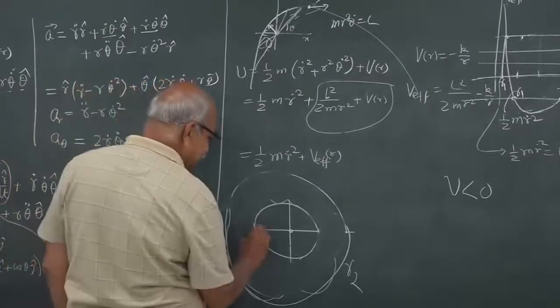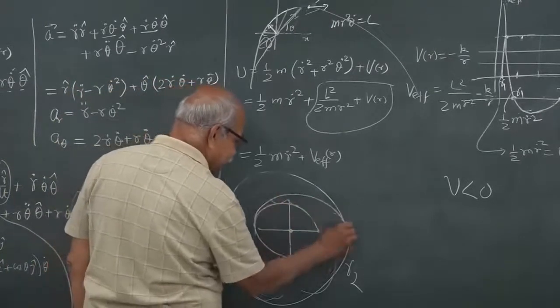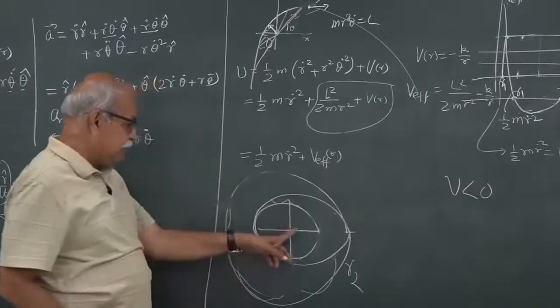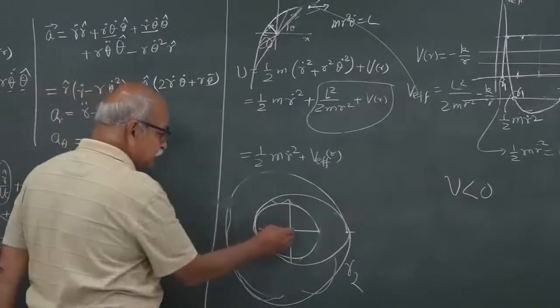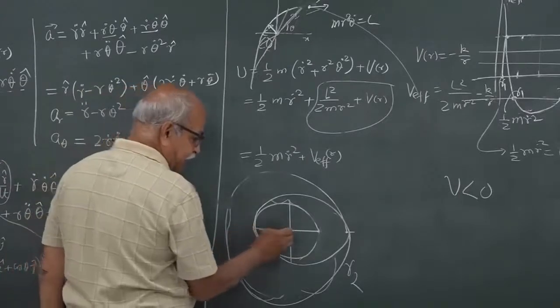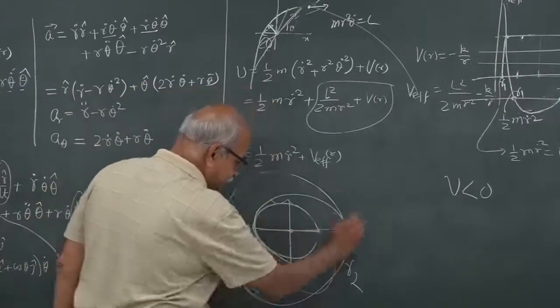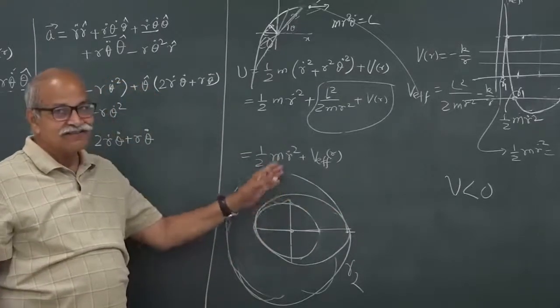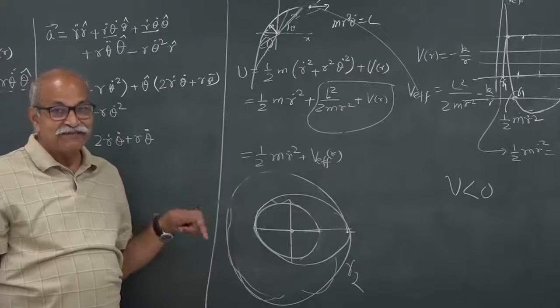So, it will be something like this. Minimum separation is r1, and maximum separation is r2, some kind of ellipse between these two circles. So, that is the path.